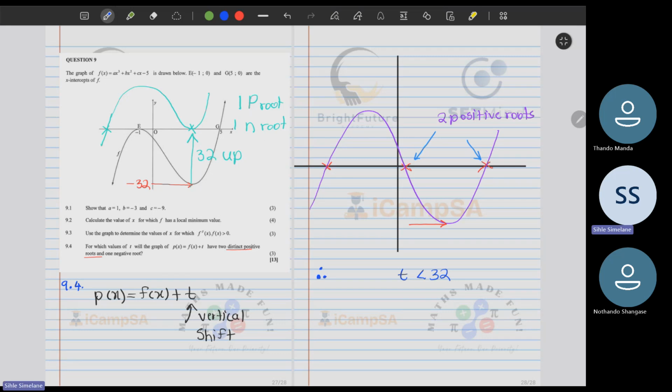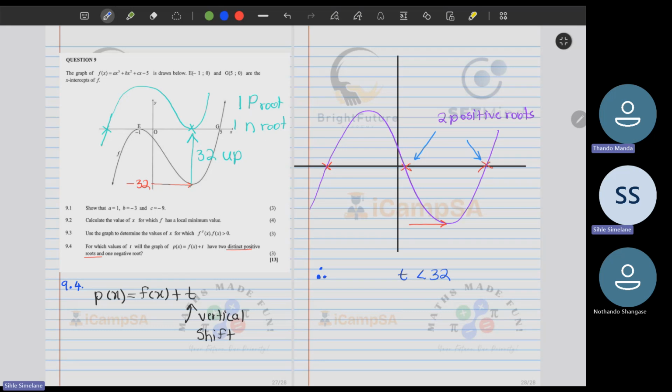Let's think about it. What is it going to be? Sir, is it t must be greater than 1? T must be greater than 1. Okay.